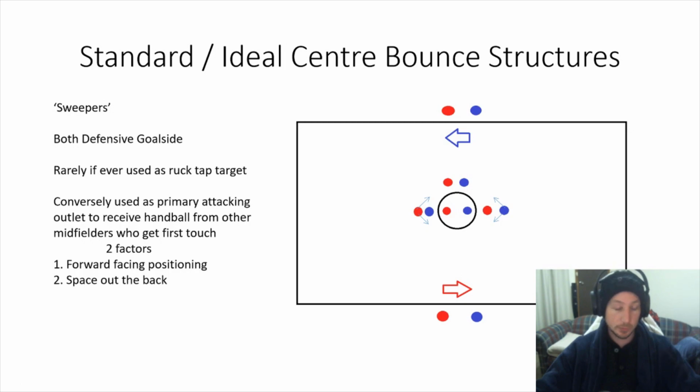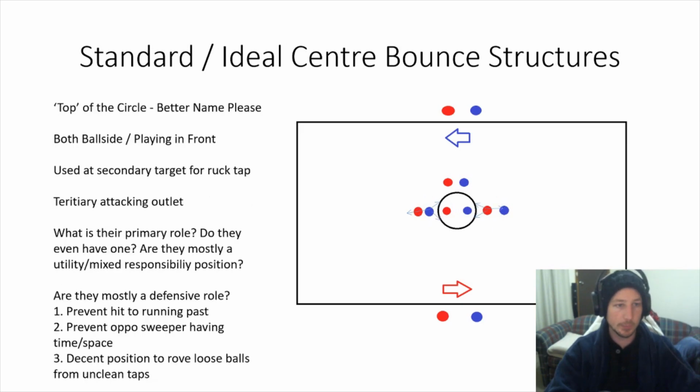So I've said here, conversely used as a primary attacking outlet. They don't get the ball initially from the tap, but because they're at the back and facing the forward direction, they're actually in a good position to get the clearance from a handball, like we said. So hit to receives, sweeper gets it out. This is some basic stuff you'll be looking at, but we'll look at the more complex stuff in examples. Yeah, cool. So that's sweepers.